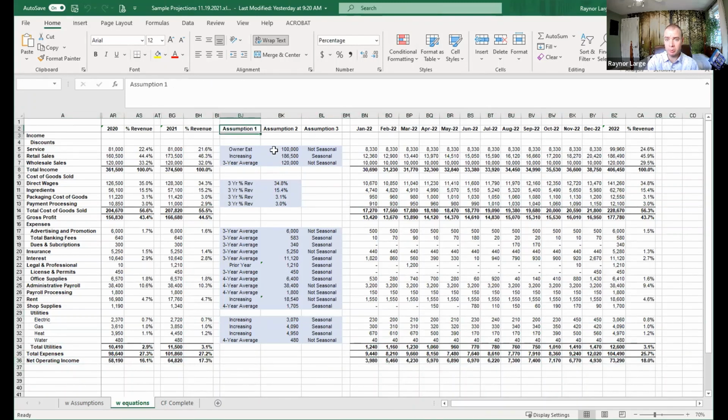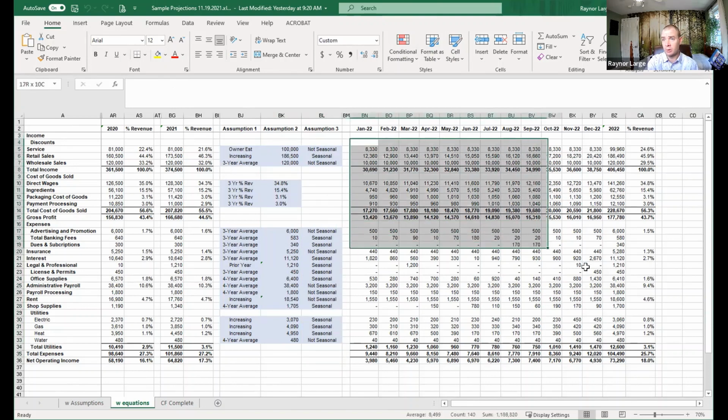We put together our projections, which I break out into 3 sections: the logic behind it, the numerical value associated with that logic, and then a determination whether or not it's seasonal. Those 3 assumptions working together, we can use to project our 2022.